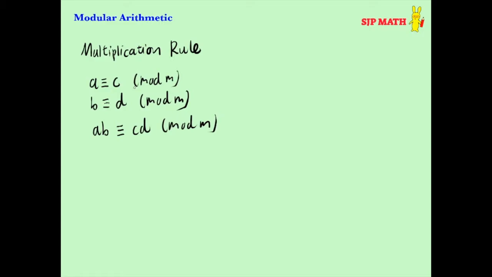Instead of adding and subtracting these things, we multiply because it's the multiplication rule. So this is what the multiplication rule is, but why does this work?